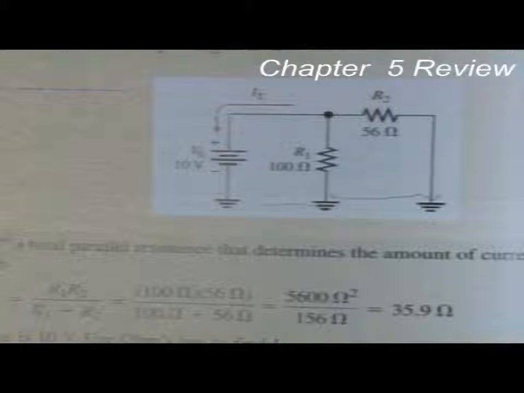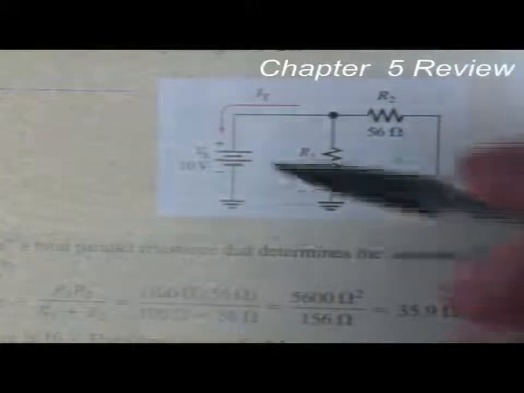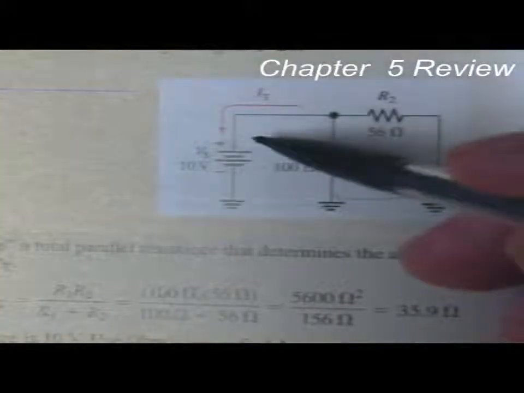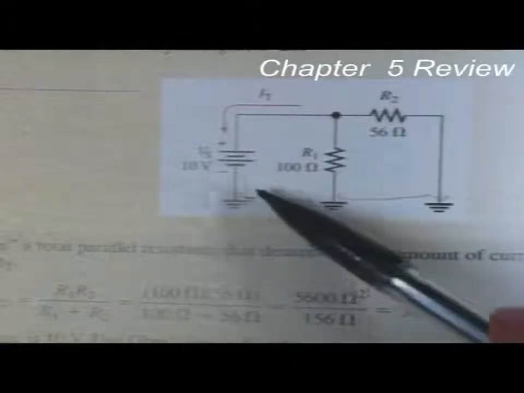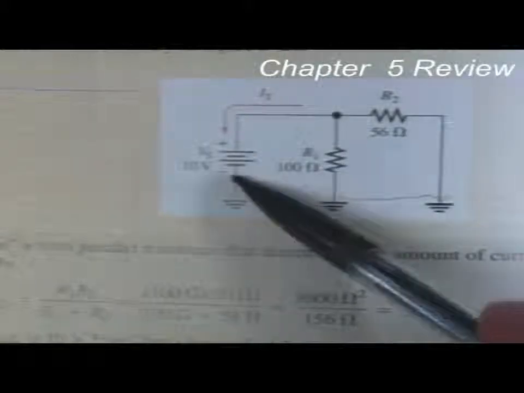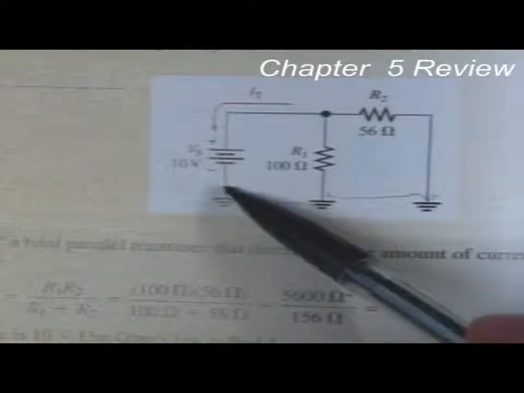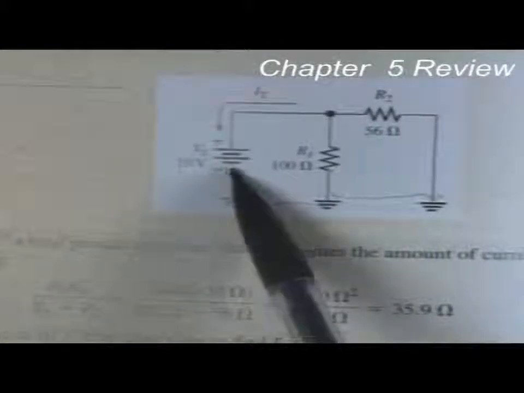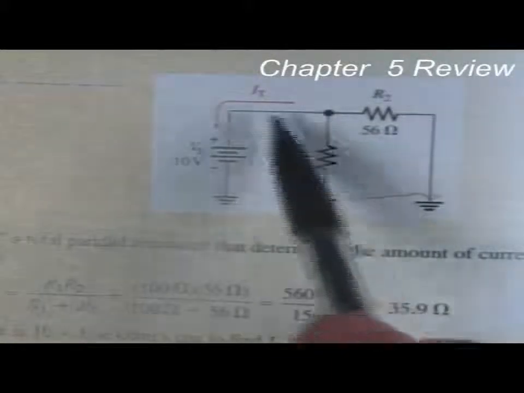Let's say in your automobile, coming out of your headlights, you'll have a lead that goes to the plus side of the battery, and on the other side a lead that goes down to the chassis, which means the metal part of the car. On your automobile, the negative side of the battery is hooked to the metal part of your car. So any current that flows out of here is going to flow up through ground into this branch.